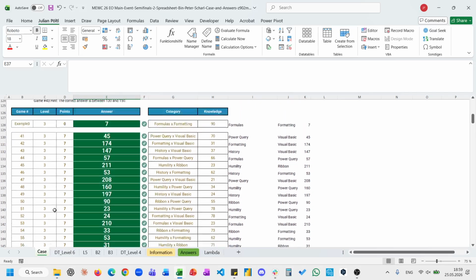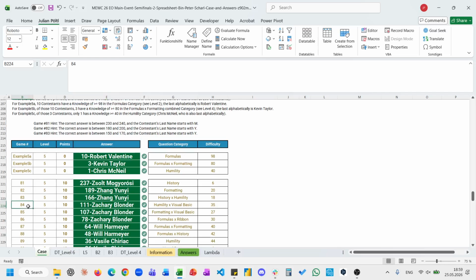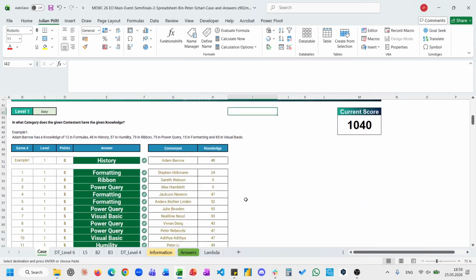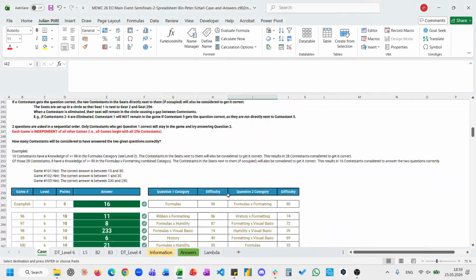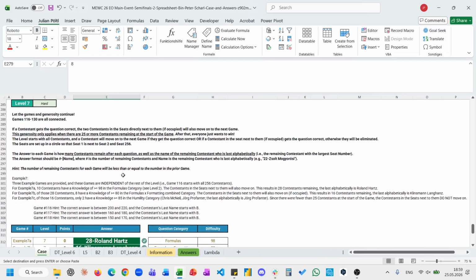And the 4th game is 84. Okay, I should have definitely gone for level 6. By the way, this is the first time I'm solving level 6. I tried to solve it live, but was not able to.